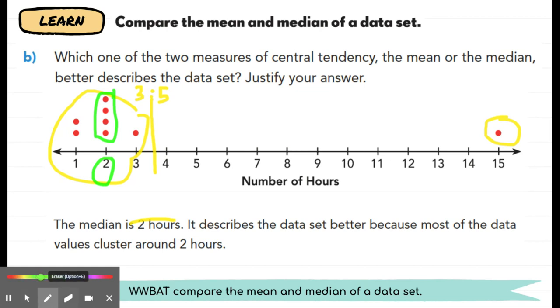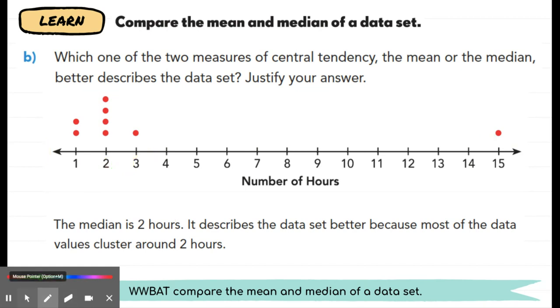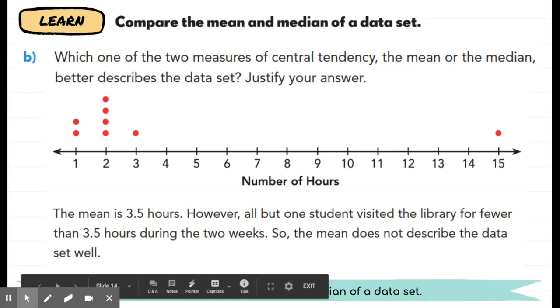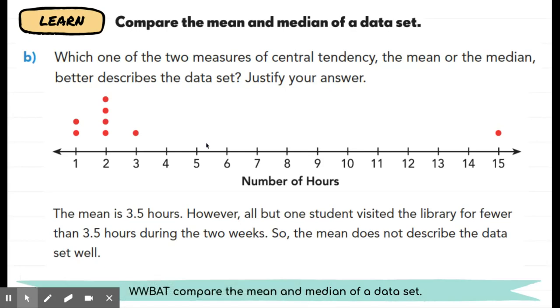So let me recap what I just said. The question asked which of the two measures of central tendency, the mean or the median, better describes the data set. Basically, it's just asking which value represents the data set better. The mean we got is 3.5 hours, but most students visited the library less than 3.5 hours, and our mean is really high because there is one outlier in the data set.